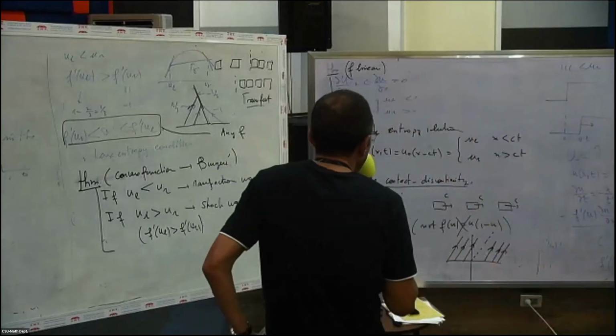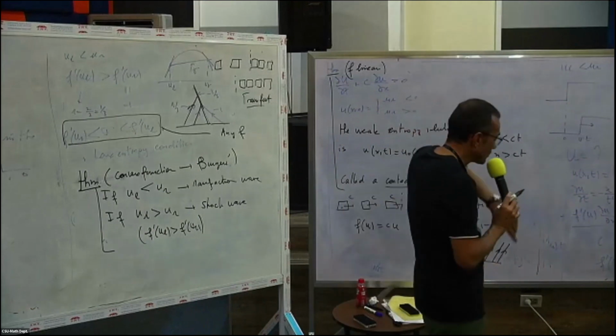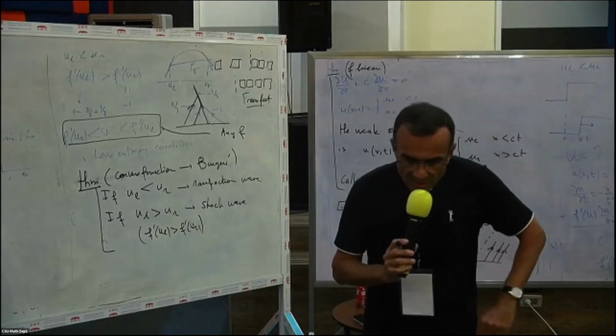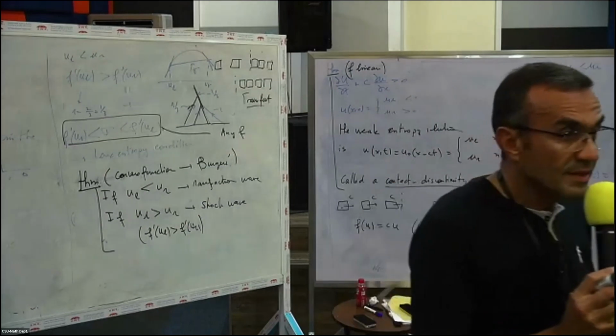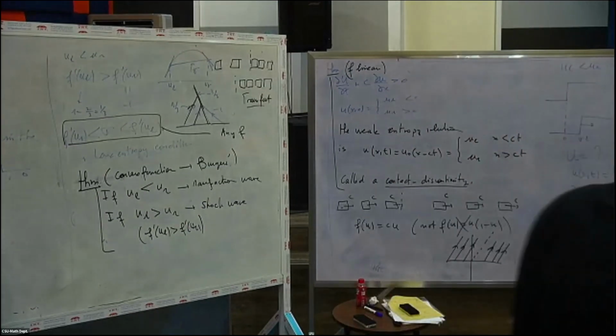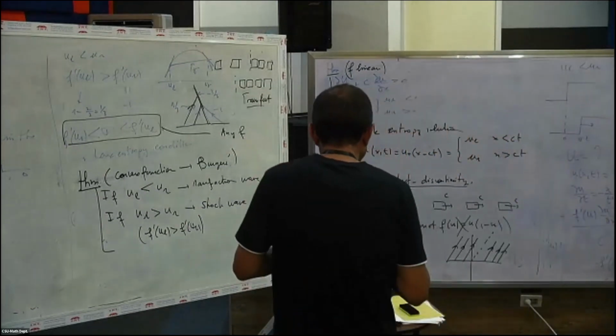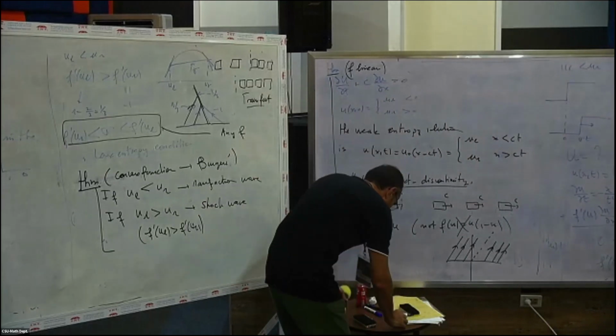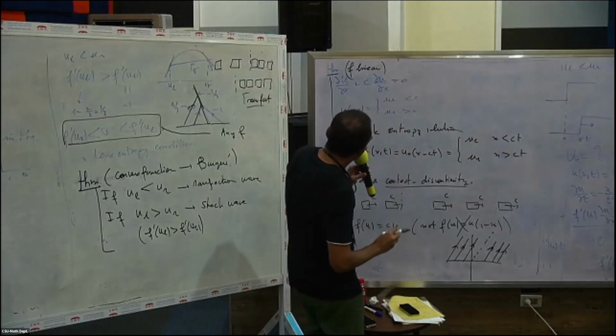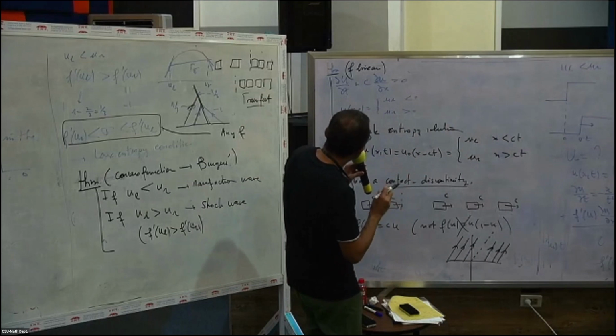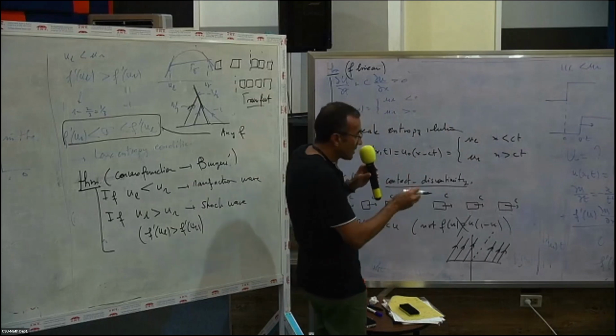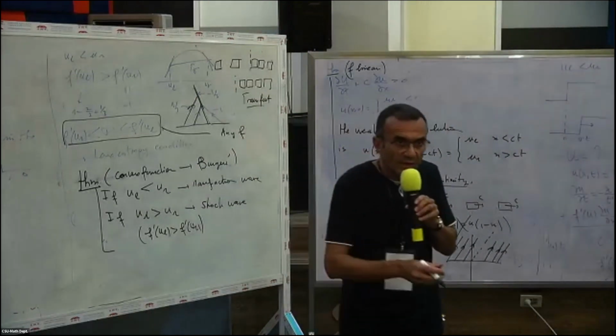Okay, so I have maybe 20 minutes before finishing. I will tell you what happens in the case of systems. The difficulty is not the same, but I will give you some idea. So that finishes the scalar case. I didn't tell you about what happens if f is neither convex nor concave.